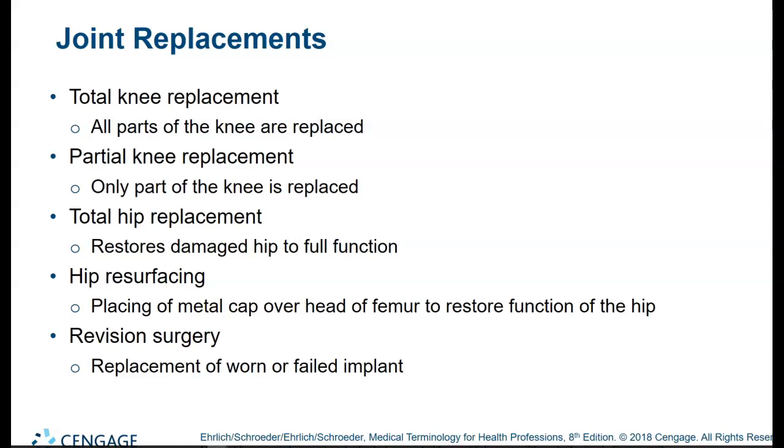Notice those abbreviations. Partial knee replacement, total hips. A hip resurfacing is they actually just replace a metal cap over the head of the femur to help with that function. Or if somebody has already had a total hip or a total knee, sometimes they have to do a revision surgery if it's worn out or if it has failed.